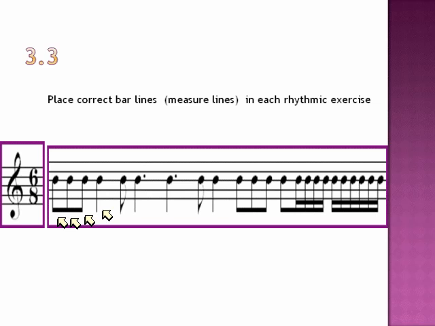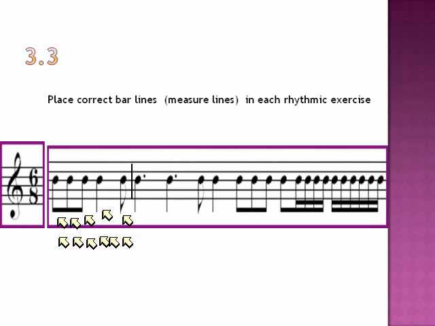The next note is a quarter note. There are 2 eighth notes inside of a quarter note. 2 eighth notes equal the quarter note. So that's 2 more beats. And then there's one more eighth note there, and that's 6. So we have 1, 2, 3, 4, 5 in the quarter, 6 beats. So where do I need to put the measure line? Right there. That will give me 6 beats in the measure.